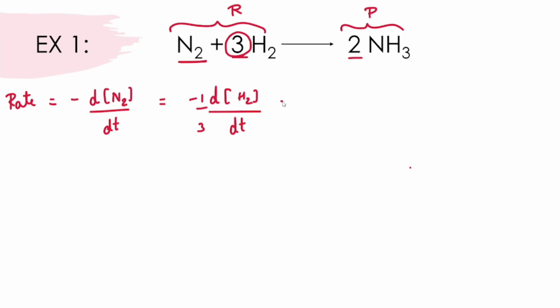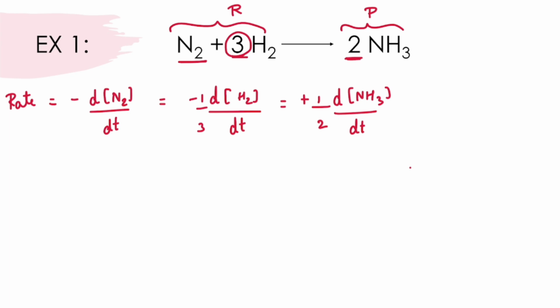We have to equate everything. The product side will be in the positive sign. So d NH3 by dt. Here the stoichiometric coefficient is 2, so we have to write the reciprocal of it. So that's it, students. This will be the rate expression for this reaction.